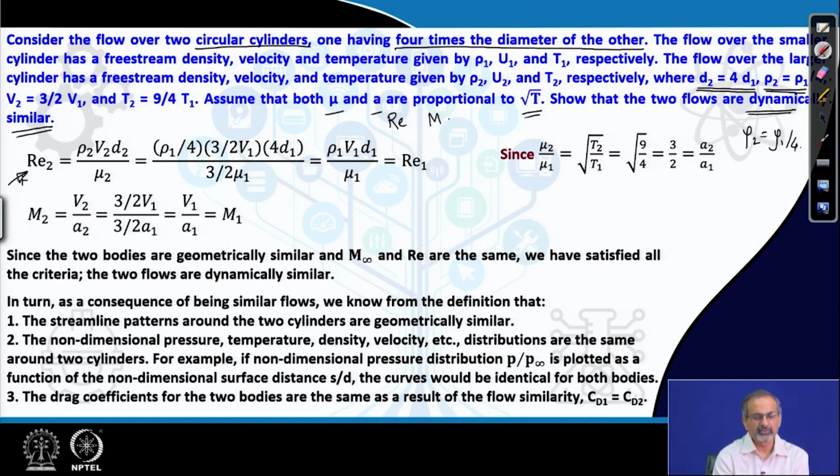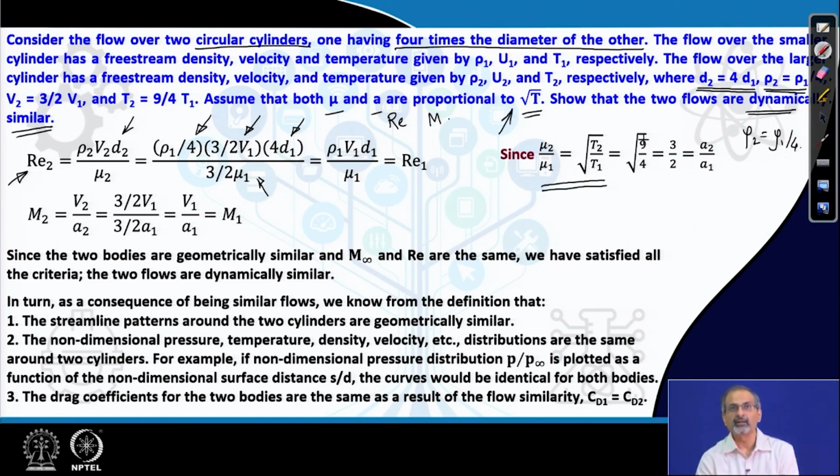If we write down the Reynolds number for the second cylinder, it is by definition rho 2 V 2 d 2 by mu 2, and then we substitute the conditions that rho 2 is equal to rho 1 by 4, V 2 is equal to 3 by 2 V 1 and d 2 is 4 d 1, and mu 2 is 3 by 2 mu 1, because mu 2 by mu 1 are related by a condition as defined here.